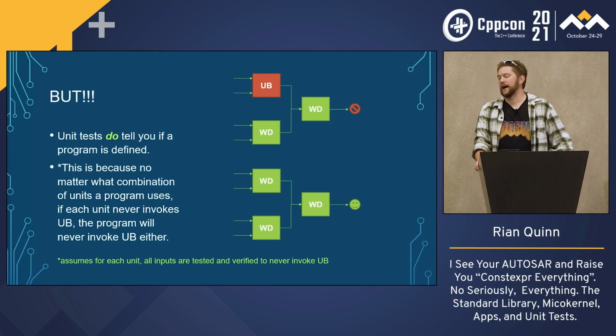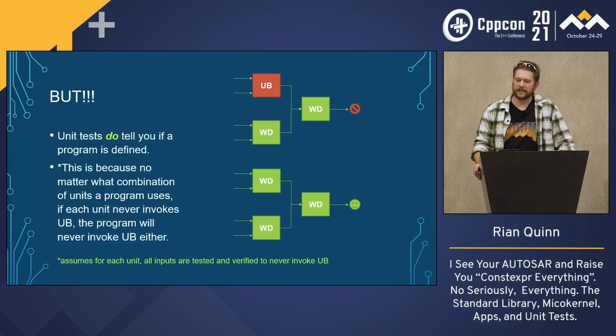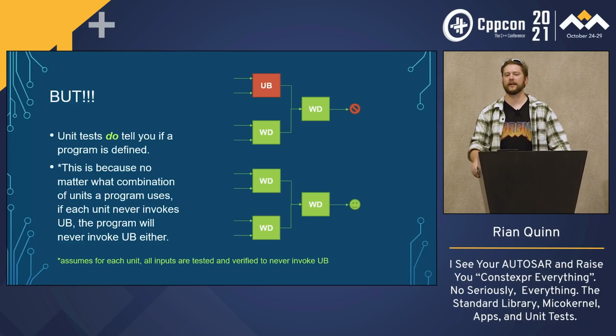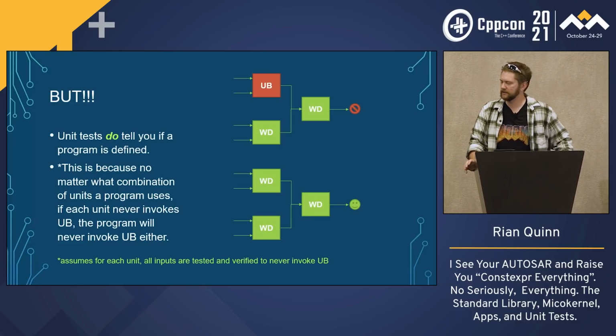But I can use this to determine if my program's defined. If I were to produce a unit test for each subcomponent and determine that every subcomponent, given all inputs, never executes undefined behavior, then I can combine all of my various different subcomponents in any order I want, and it too will never execute undefined behavior. Again, assuming that I'm able to test all inputs.